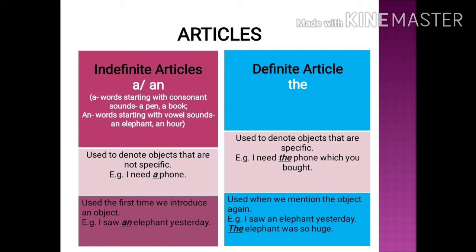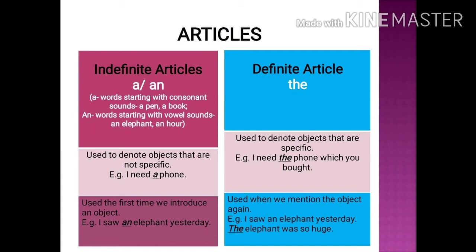In the word hour, the H is silent and you started with the vowel sound. That's why you use an, and you say a pen, a book. Pen and book are the words that have consonant in the beginning, and so you use the article a. Children, we have two indefinite articles a and an, but we have only one definite article the.